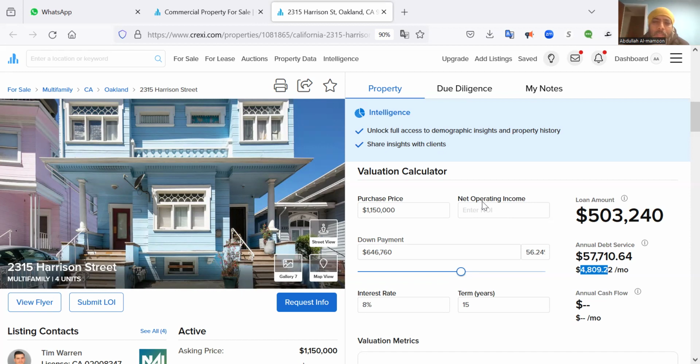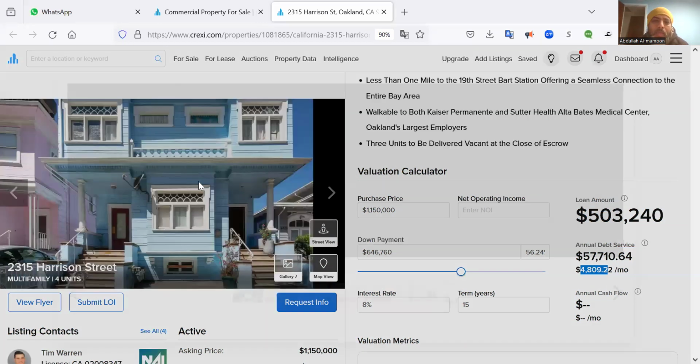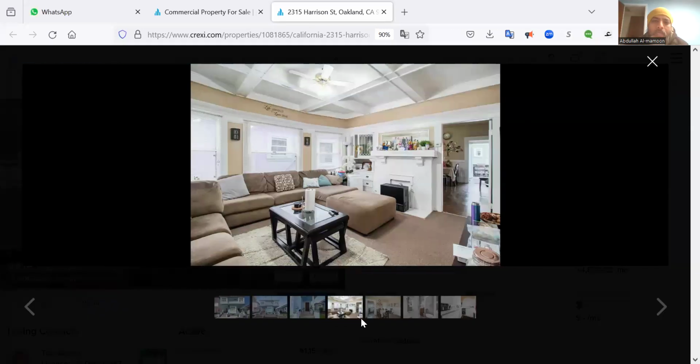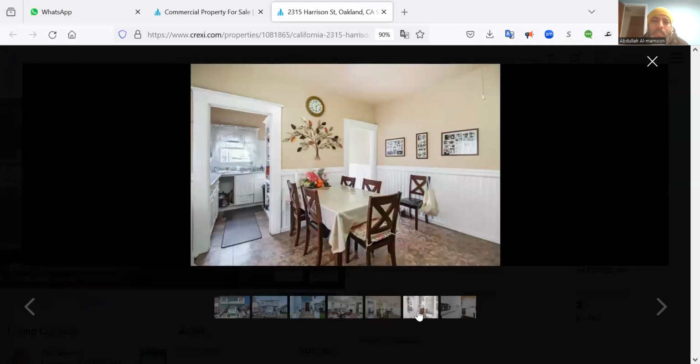You have rent limits. You have rent controls, and you have a lot of neighborhoods that are aging now. So even this property on the outside looks okay. For the Oakland community, it's not bad. I've seen worse. This is pretty good.